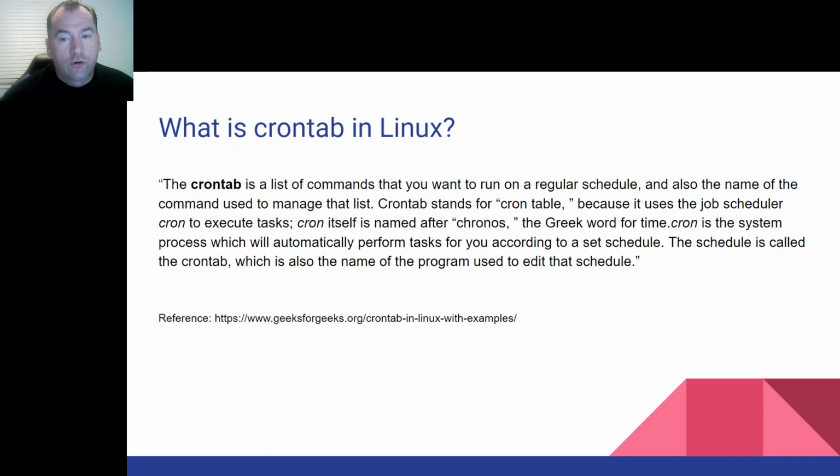So again, it's a cron table or a job scheduler, and cron stands for time in Greek. But also the name of the program that we use to edit the schedule is called crontab. So it's a tad bit confusing.